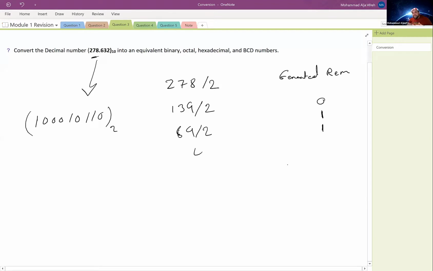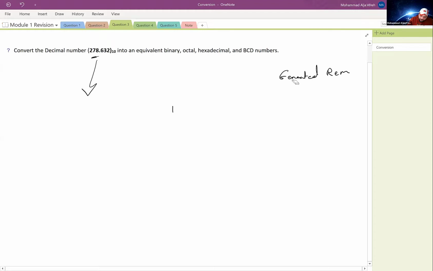So the multiplication can take me to infinity. Depending on the fractional part that I have, sometimes it might end, sometimes it may not. So let's stop talking and do it. We have 0.632, that is the fractional part, and here, instead of generated remainder, you write generated integer.